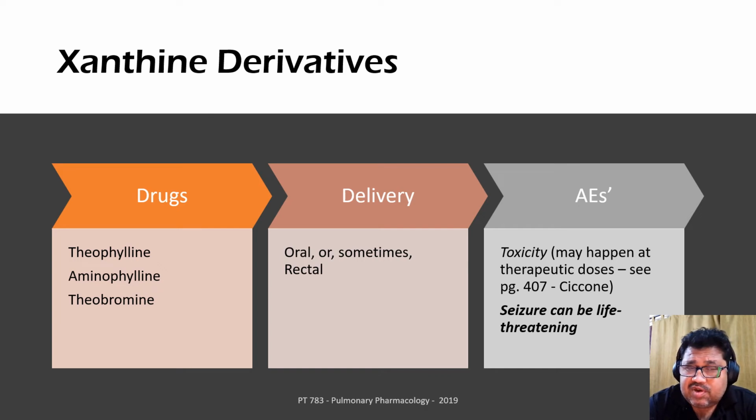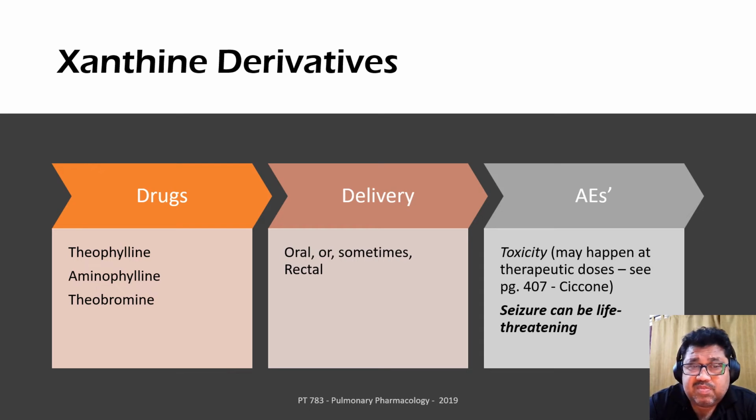They're delivered either orally or sometimes rectally. These drugs can and do develop significant adverse effects of toxicity even at therapeutic doses. I encourage you to read the pharmacology chapter to see why that happens and additional details.